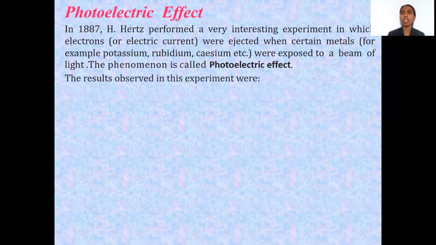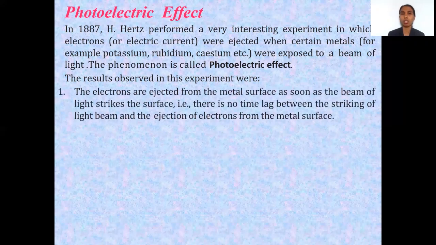Now, when the photoelectric effect experiment was studied, some results were observed. The first is that the electrons are ejected from the metal surface as soon as the beam of light strikes the surface. That is, there is no time lag between the striking of the light beam and the ejection of electrons from the metal surface.